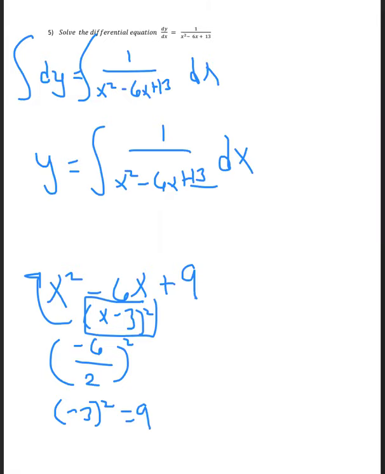So with this method, it gives us our u squared, because x minus 3 squared is a u squared. They're both squared, and the u would just be x minus 3, right? So notice how it gives us the u squared.